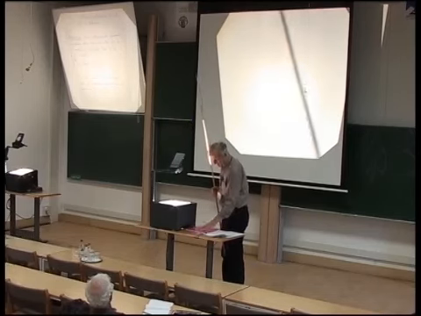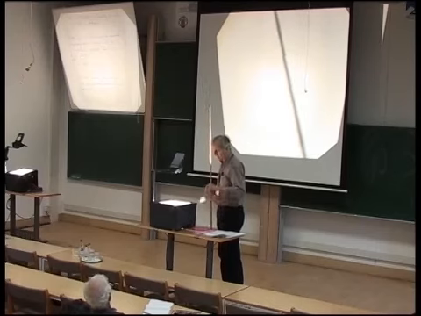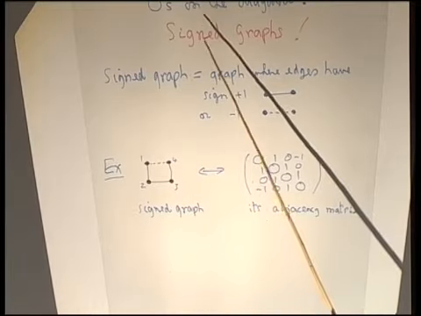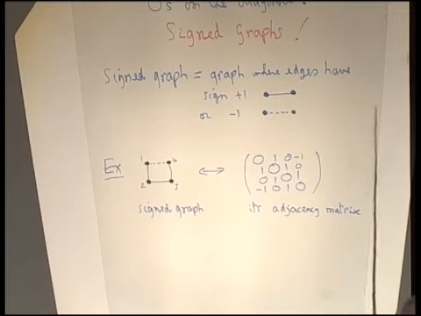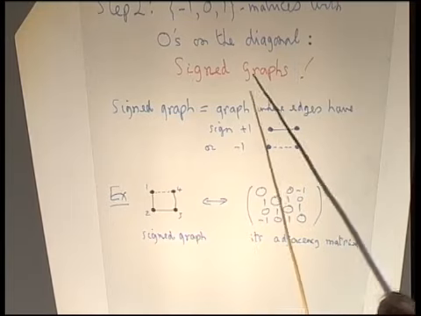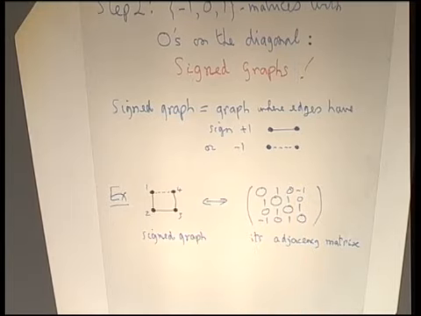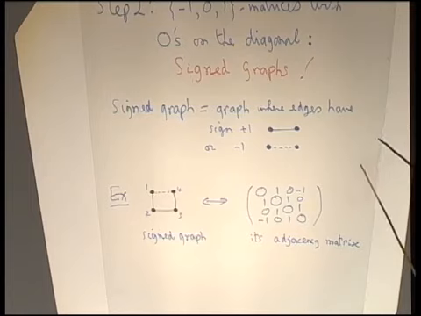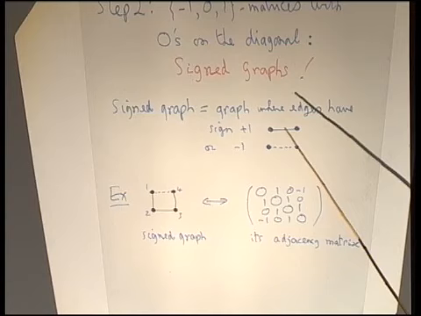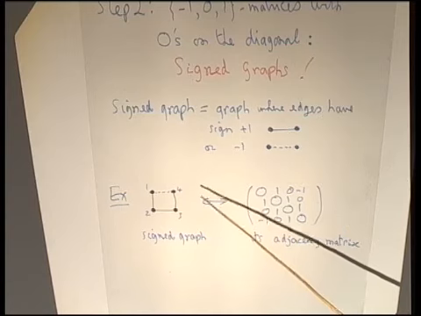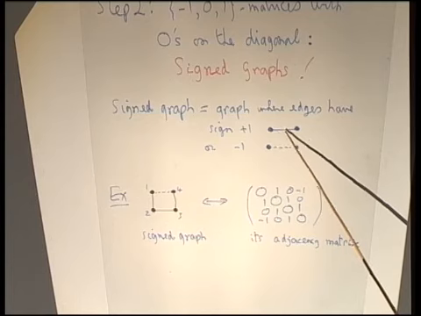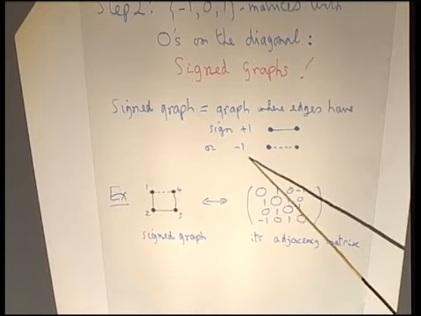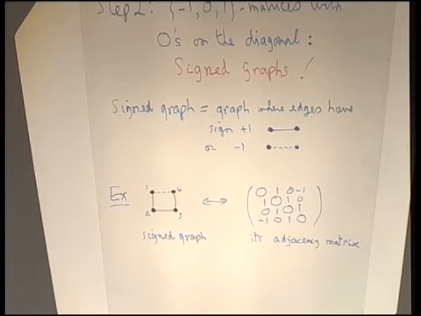Now, first of all, we'll look at the case of signed graphs where the diagonal is 0. All the entries on the diagonal are 0, and so the way we'll draw them is this is an ordinary edge, and this is a signed edge.